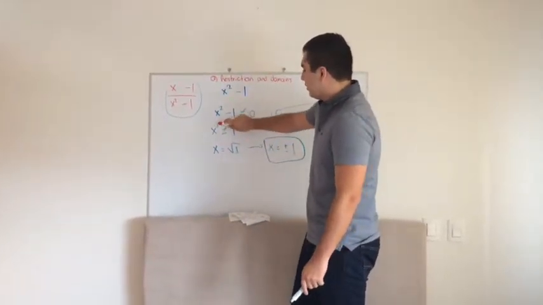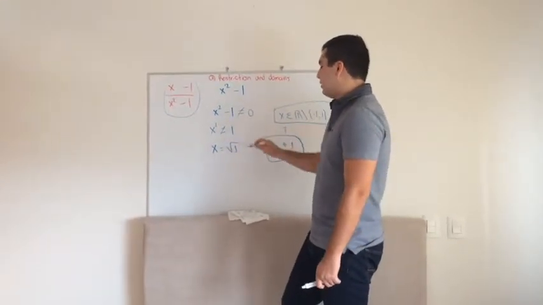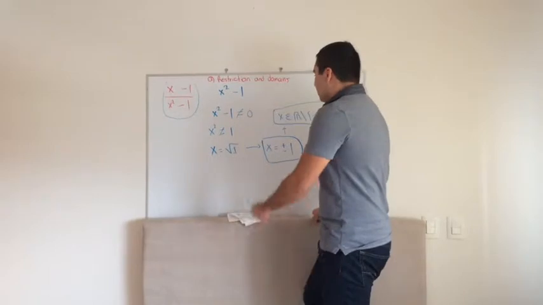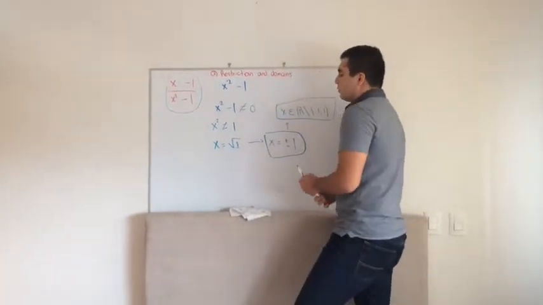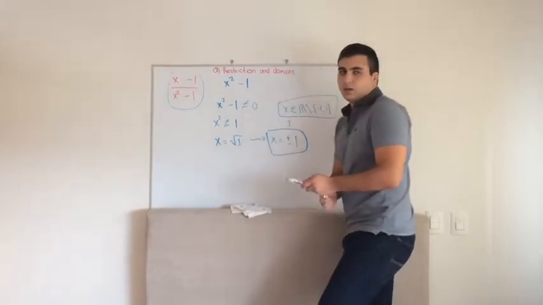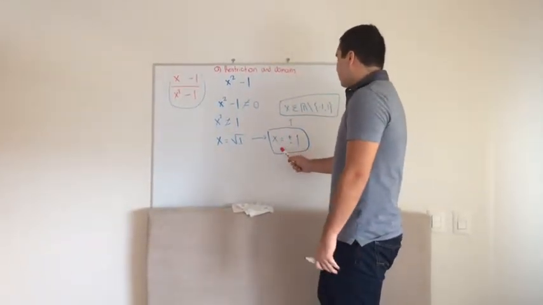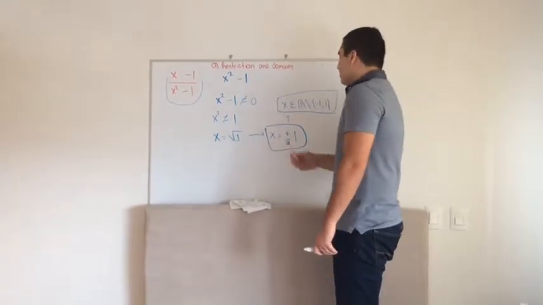So we need to quit this square, so we pass it to the other side with a square root. So we have x is equal to the square root of 1. That is the same as saying x is equal to plus or minus 1. So we already have our restriction, that is plus or minus 1.